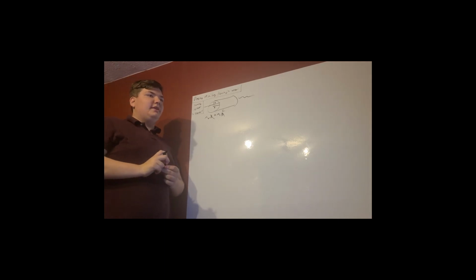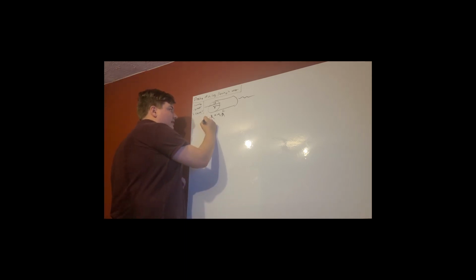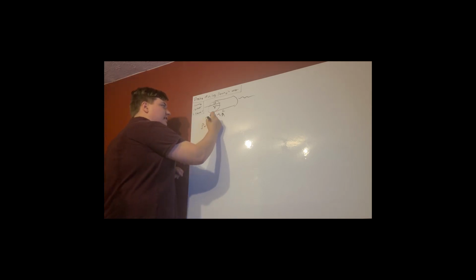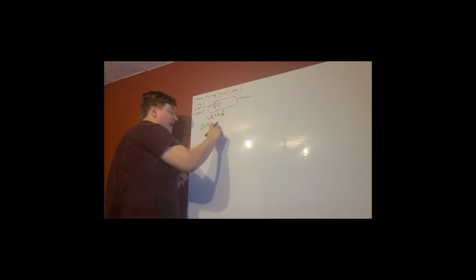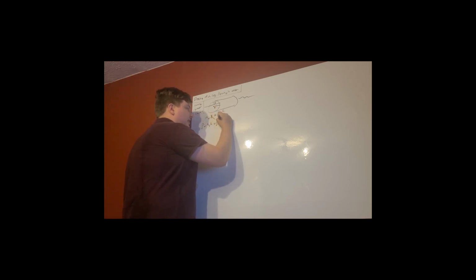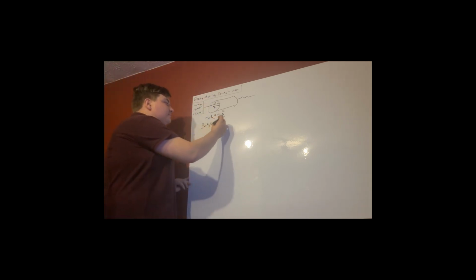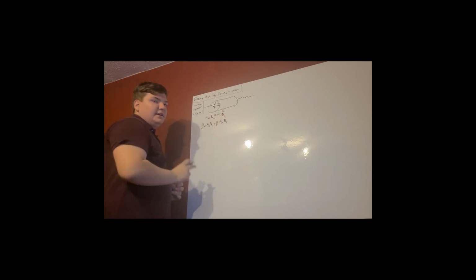Then we can say that gamma, the density of the water, times the area that is submerged, below the surface of the water, times the length of the log is going to be equal to the density of the log, gamma L, times the area that is above the water line, H, and that is also going to be times length. So we cancel out the length, and we get this nice equation.